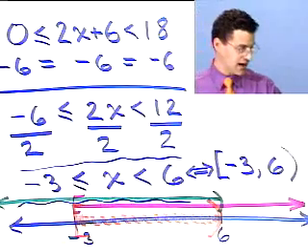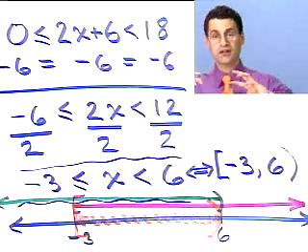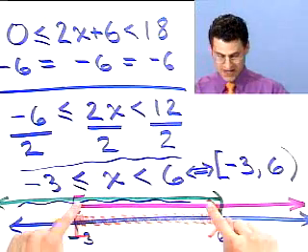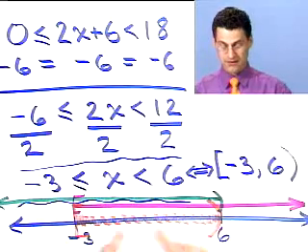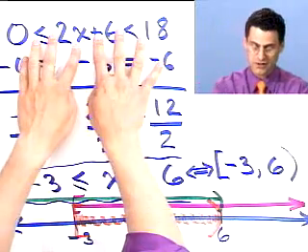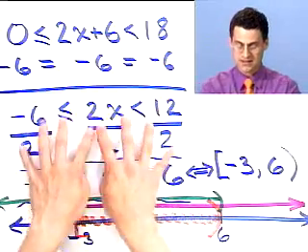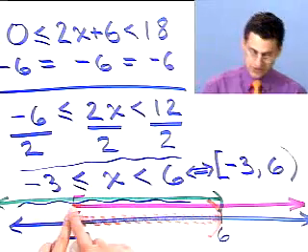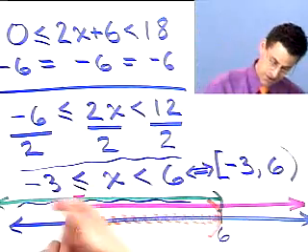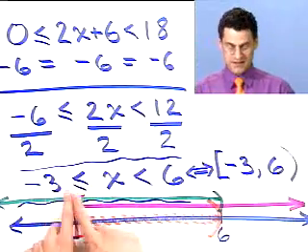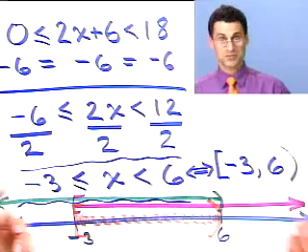And since I put them together with that invisible "and," I look for their intersection. And notice the intersection is exactly the orange that I put in there. So you can see that just by using these inequalities at once, it gives you the answer immediately, rather than doing one solution, the other solution, and seeing where they overlap. This gives it to you automatically in the orange, which is pretty cool.